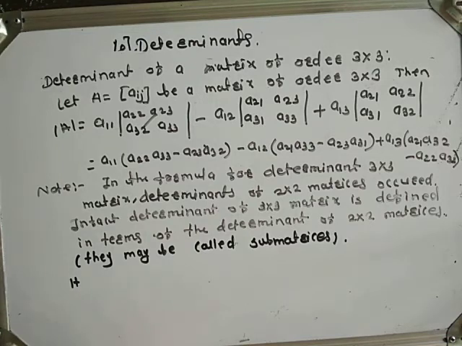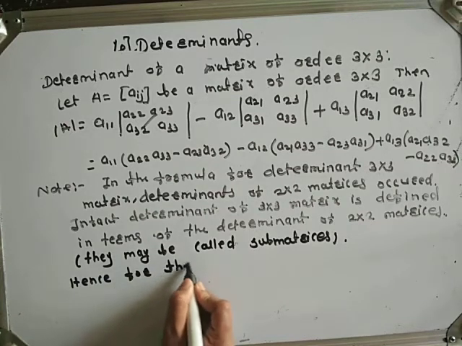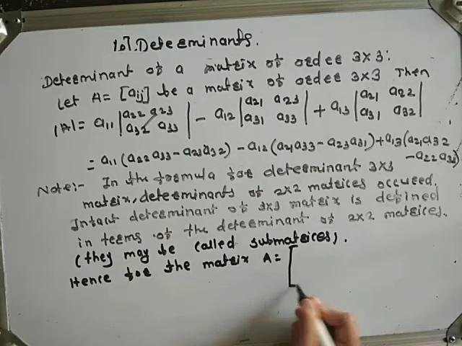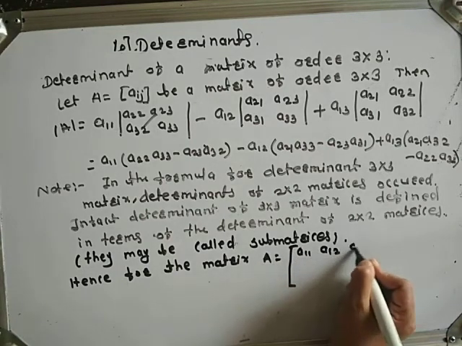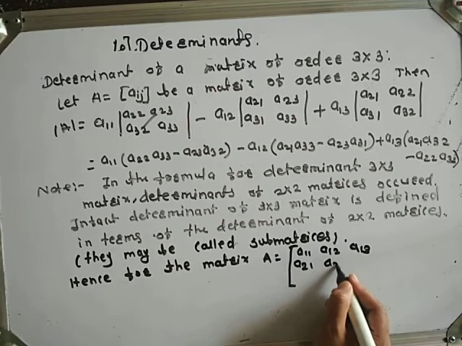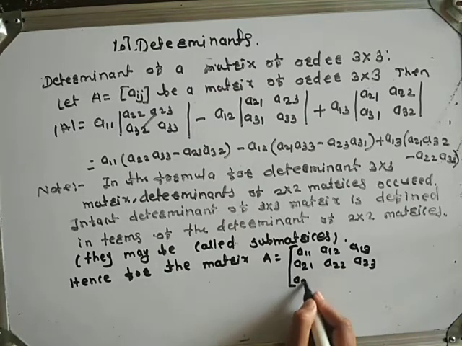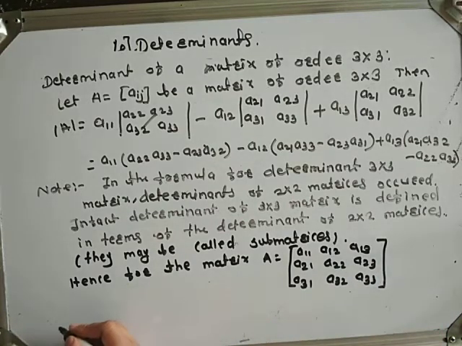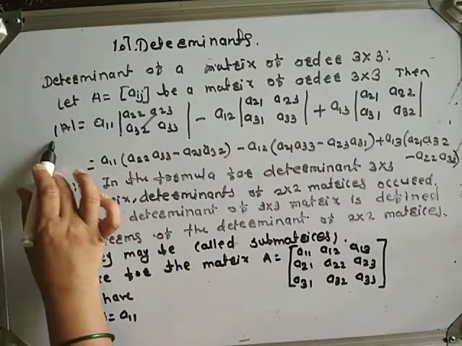Hence, for the matrix A equal to A11, A12, A13, because we are considering a 3 by 3 matrix, A21, A22, A23, A31, A32, A33, we have determinant of A equal to, see here, how to obtain this formula.